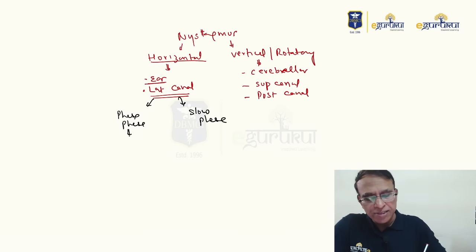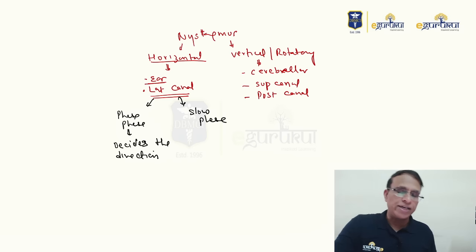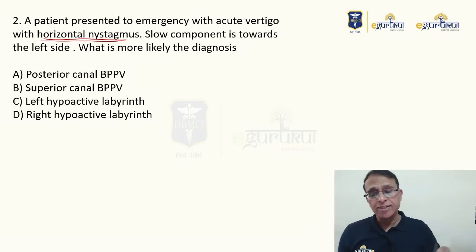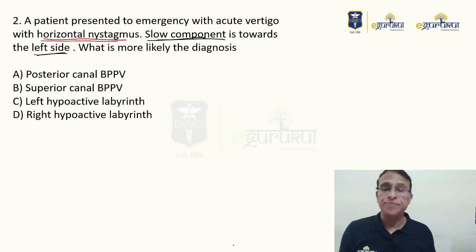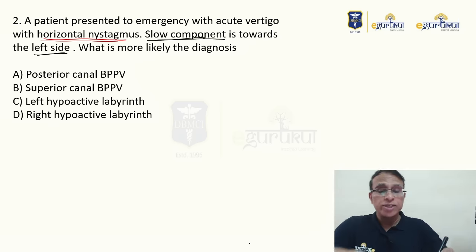Now the fast phase decides the direction of nystagmus. Nystagmus is right sided or left sided, we decide by which side is the fast phase. Now in this it says the slow component is towards the left side, which means the fast component is to the right side. So it is right sided nystagmus.